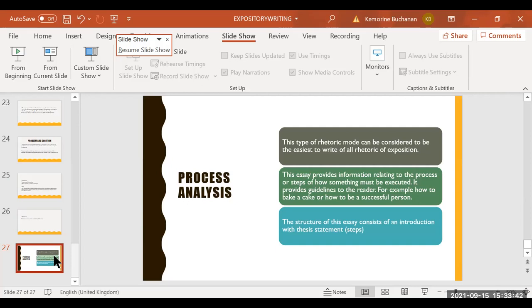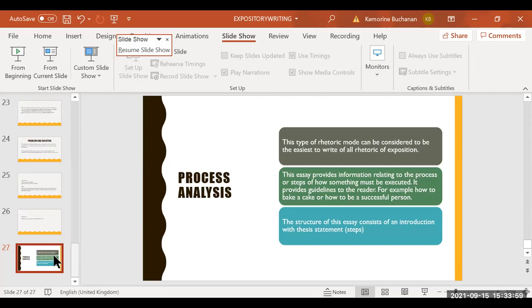This is where you decide, this is where you encode essentially where and what is going to be involved in that process. All right, so that's the basics of expository writing.